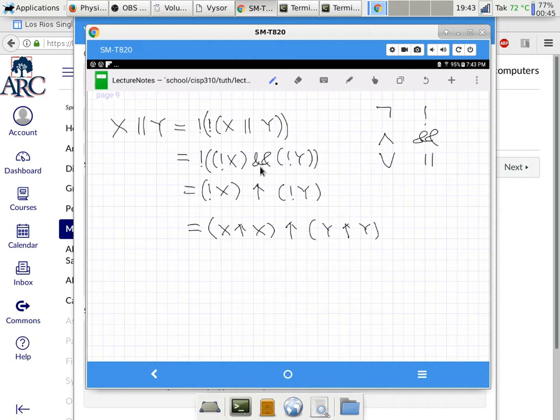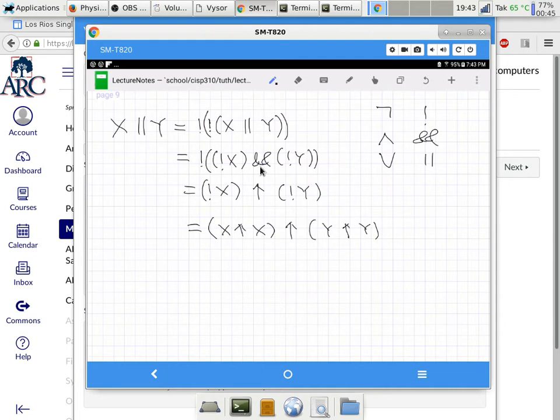Because it is bidirectional. It doesn't really matter which way I derive it, but each step can go in both ways. If I have this step here, I can go back to this one. If I have this step, I can go back to this one. So it's just a matter of choice. But I choose it this way because I want to start with something that you're familiar with and then end up with something that we have just recently talked about.